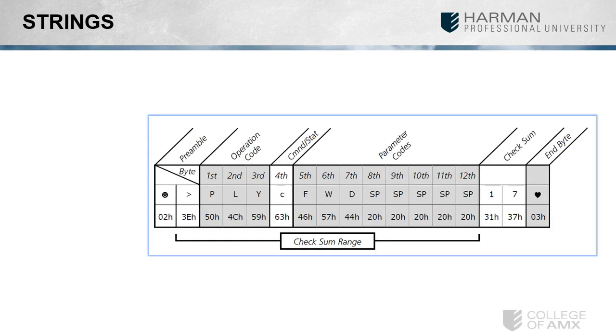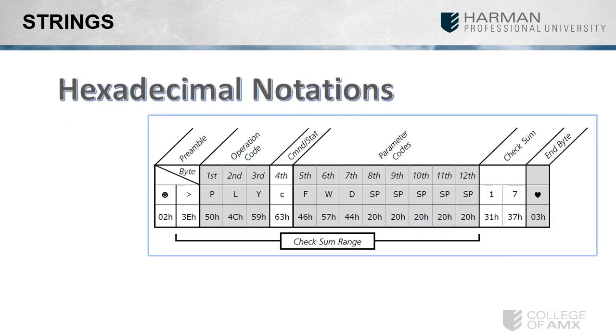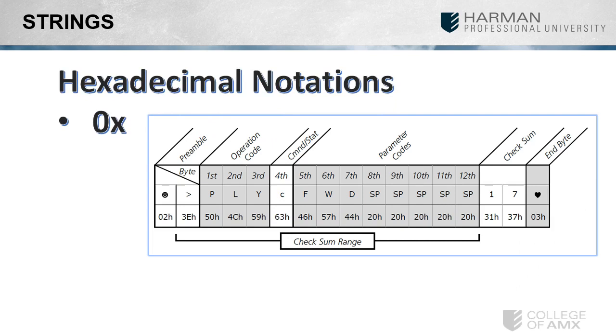Several different notations are used to represent hexadecimal in computing languages. A prefix, 0x, is quite common, or some authors denote hexadecimal values using a suffix or subscript. In this protocol, the manufacturer has chosen to use lowercase h to represent hexadecimal. In NetLinx, we represent hexadecimal using a $ sign before the value.